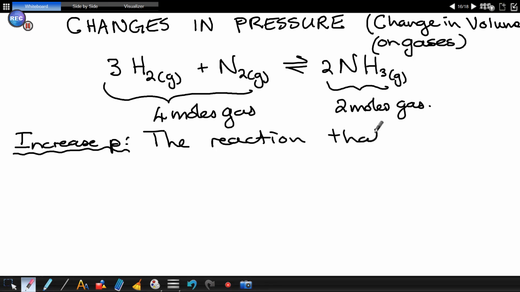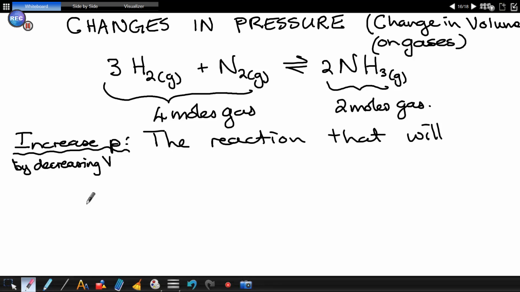We can decrease the volume to increase the pressure, but the favored reaction is not the one that decreases the volume. No, it's the one that decreases the pressure. That decreases the moles of gas, because fewer moles of gas will exert less pressure.